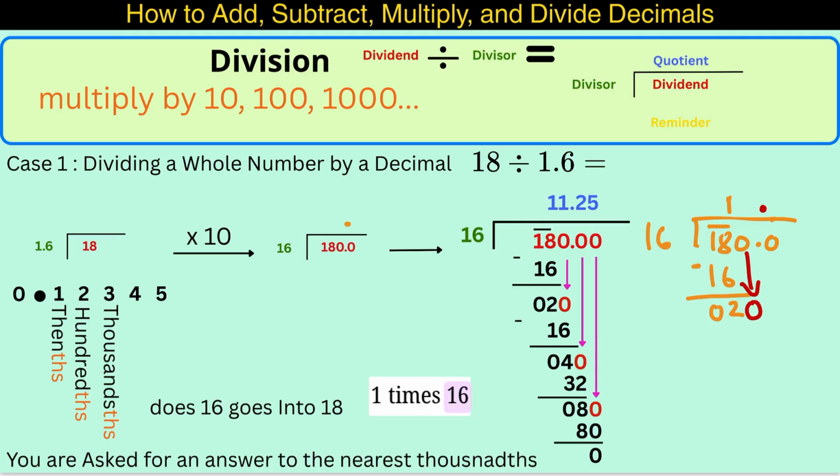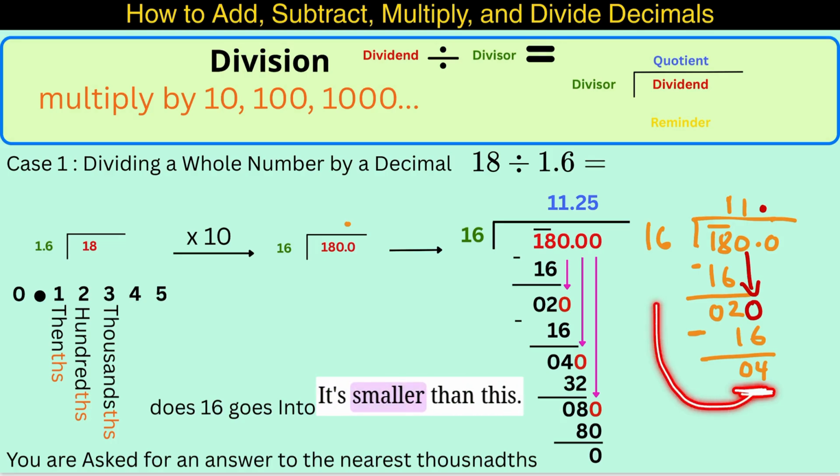1 times 16 is 16. So subtraction. 20 minus 16 will give me 4. Remember, it's the same step. Same thing I did in here, I will do in here, and they will keep going. Now 4 is smaller than 16.